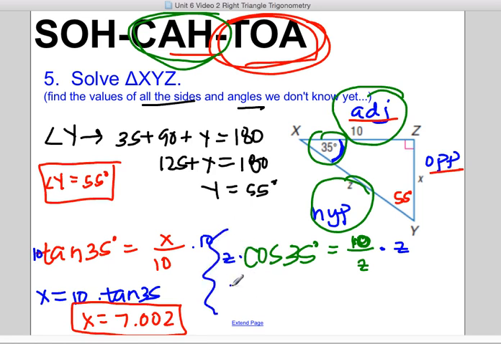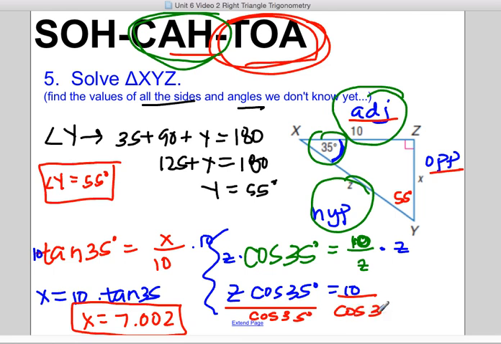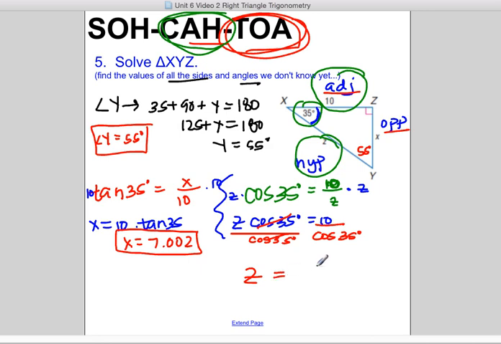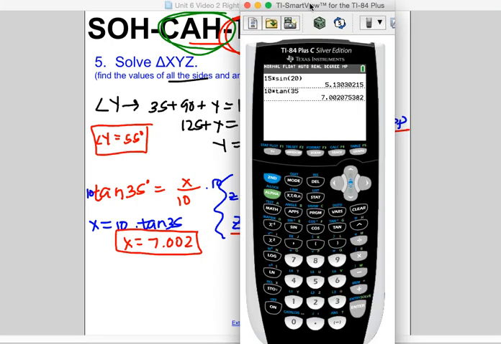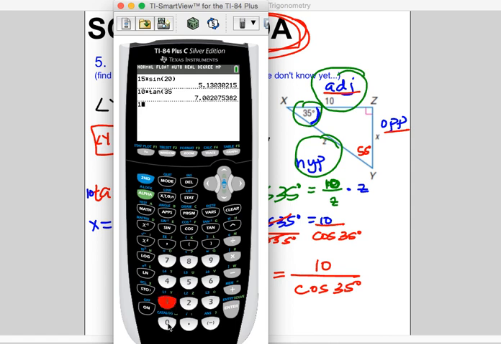So what I really have is z cosine of 35 equals 10. If I want to solve for z, I need to get rid of cosine. So I divide both sides by cosine of 35. So z is equal to 10 divided by cosine of 35. So I go to my calculator, and I'm going to take 10 divided by cosine of 35.